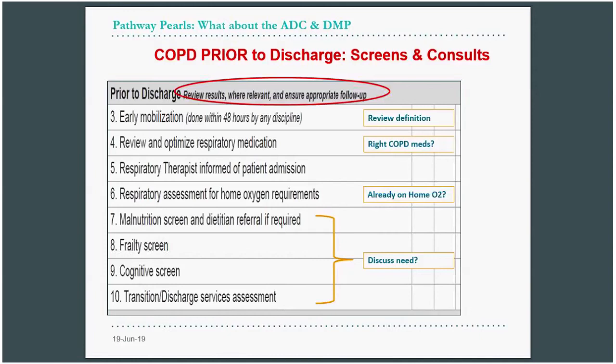Then looking at, for instance, respiratory assessment. Are they already on HOMO2? If they are, it's a quick yes or not applicable, or whatever you want to write, and just say already on HOMO2. We don't need to see them again. But we've heard it loud and clear from respiratory therapists that when we implemented this pathway, they wanted to at least be informed of the patient admission.